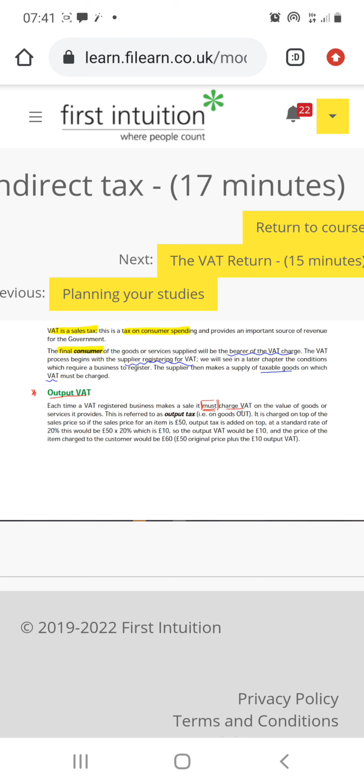So once somebody has registered for VAT, and throughout the course we'll learn about whether they have to register for VAT, if they have a choice to register, but for now we're assuming they have registered. They've spoken to Revenue and Customs and become a VAT registered business, and in that case they must now charge VAT on the taxable goods and services that they provide.